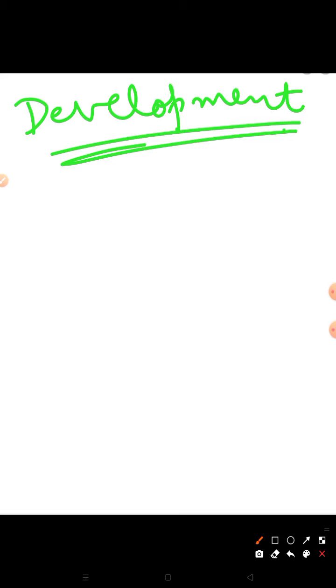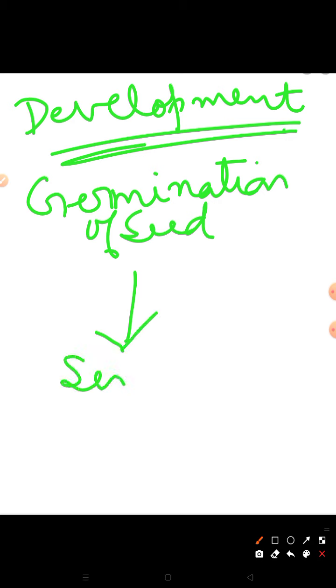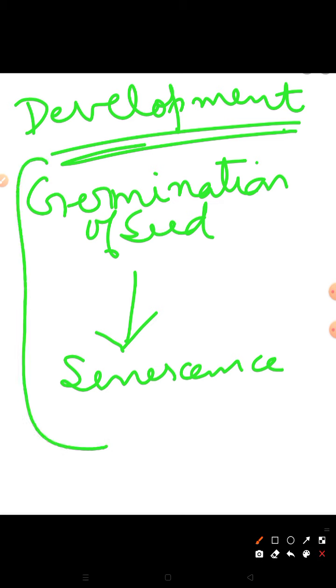So in case of plant, we are discussing development, that is life cycle from germination of seed to senescence. All these phases of life from germination of seeds to senescence come under the heading of development.